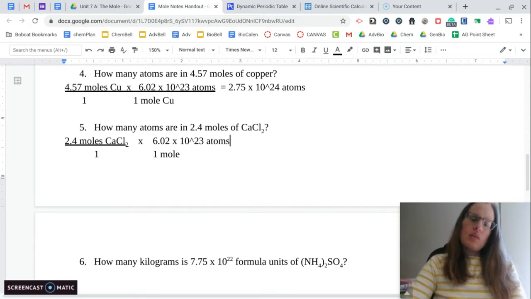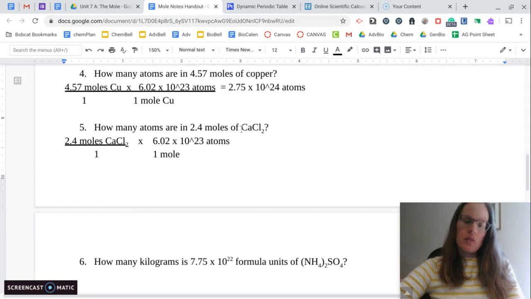And then they want atoms, but this one requires you to think a little bit, because you need to look at this calcium chloride and think back to the last few units when we were doing ionic compounds and recognize that's a compound, not an atom. So here I'm going to put molecule.